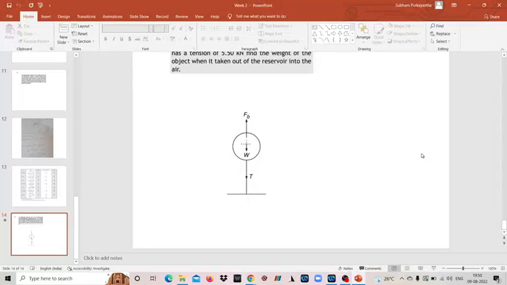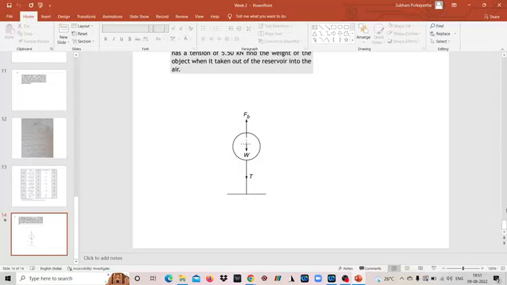The tension is something which is coming into the picture because you have chained the sphere, meaning there is some obstruction, and because of that there is a tension. Okay, fine.